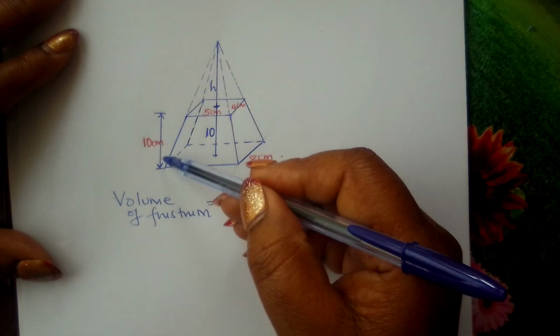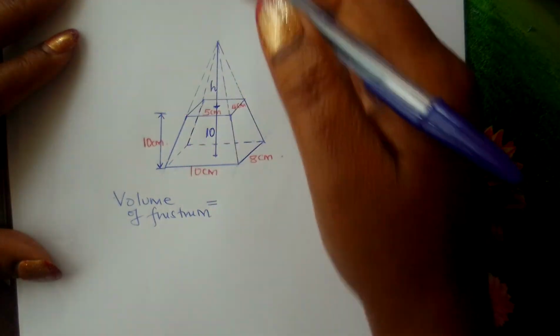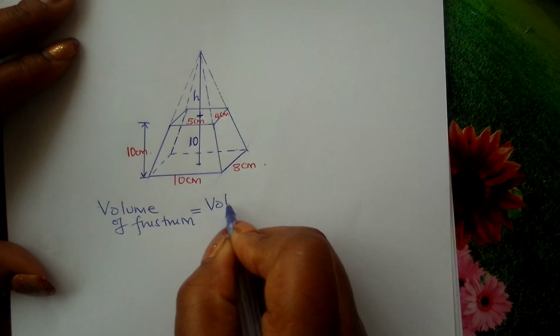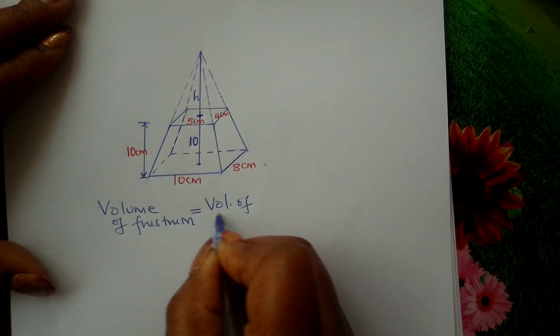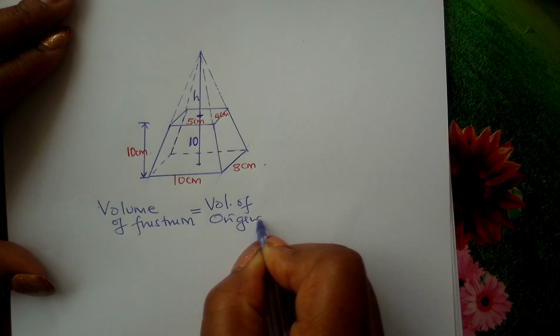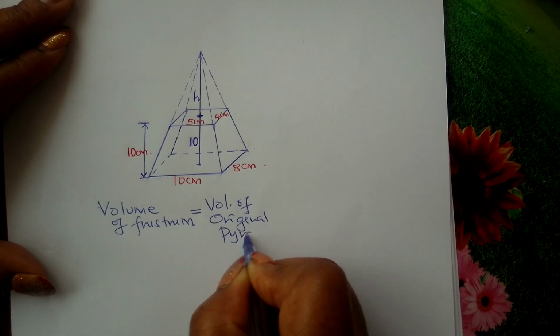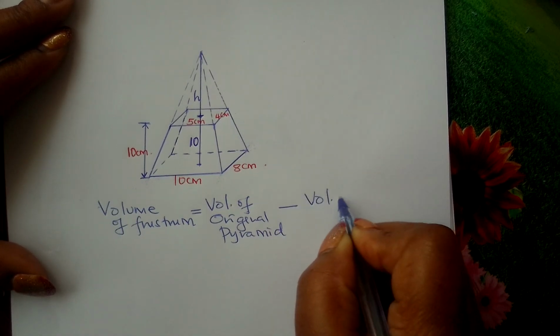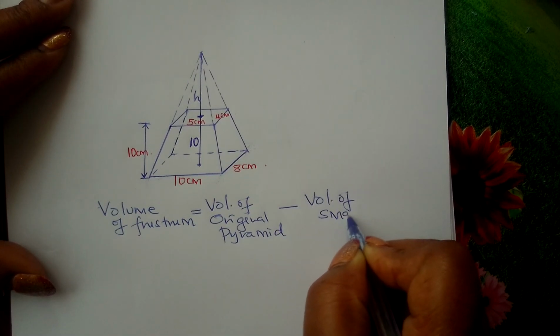Volume of the original pyramid minus the volume of the smaller pyramid.